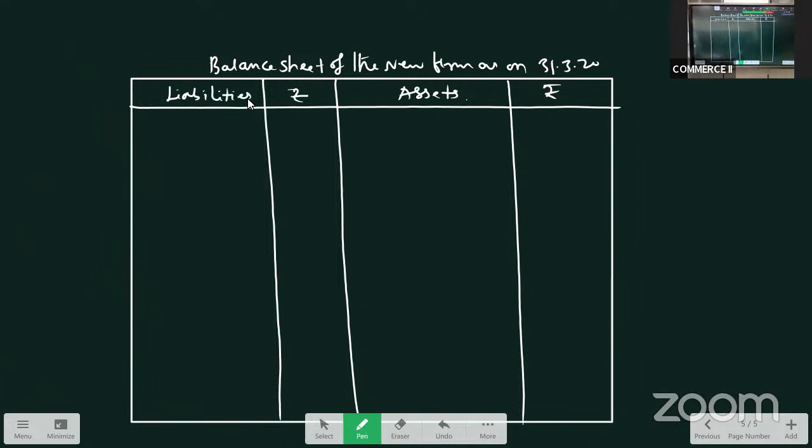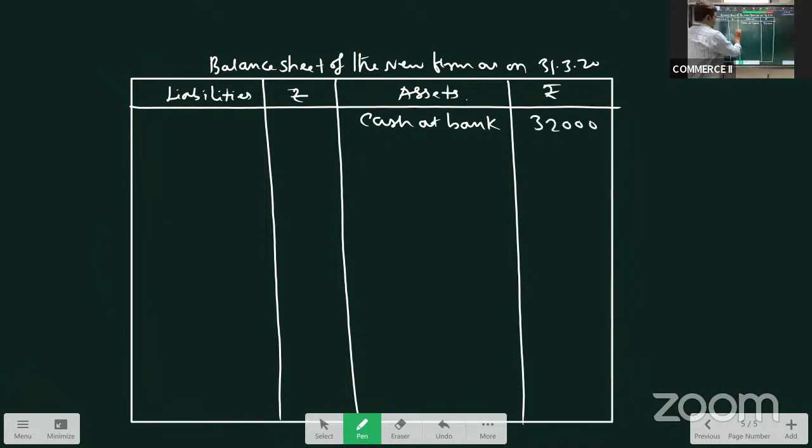Draft the balance sheet in the same sequence as given in the question. What is the first item on the asset side? The first item is cash at bank, and there is no change in the balance. So write as it is, 32,000.